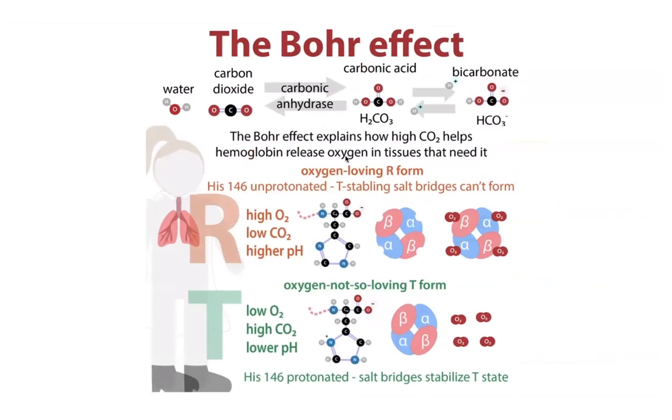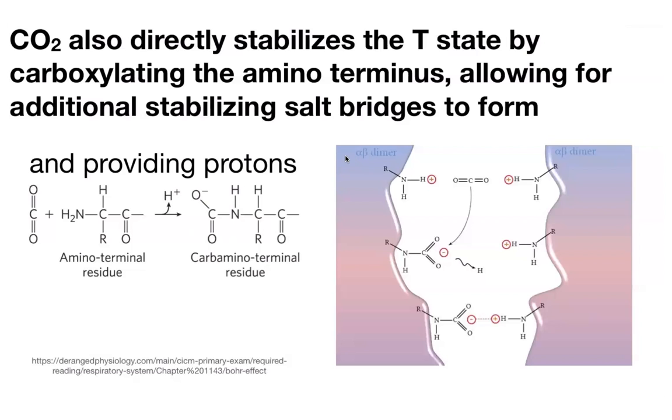This could be explained in terms of those histidines being protonated and allowing it to form those interactions, but that's actually only part of the story. CO2 is also going to directly stabilize things by offering up new opportunities for salt bridges to form where they wouldn't normally. Basically, that carbon dioxide can react with the amino terminal residue, and this can make a carbamino terminal residue.